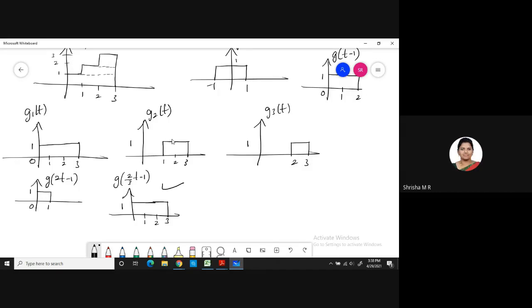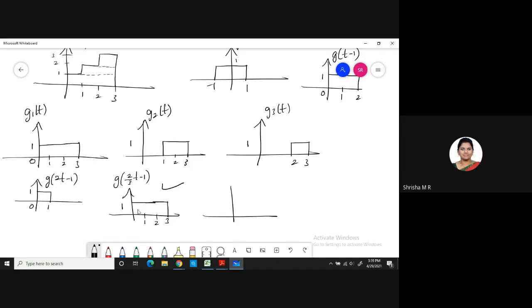So how you can do it, one method I'll show you. You have 0 to 3, one signal, which we have represented in terms of g of 2 by 3t minus 1. If I subtract this, will I get this? g of 2 by 3t minus 1 minus g of 2t minus 1, I'll get this.